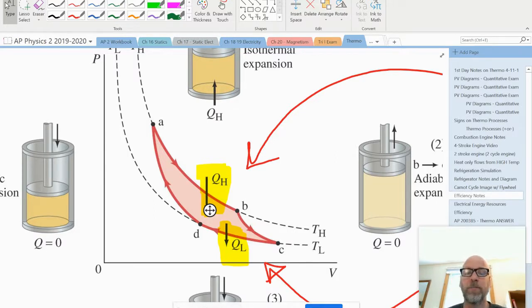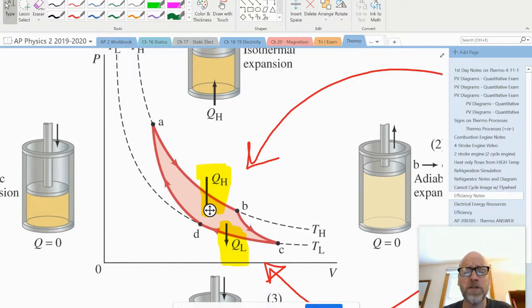Now here's the thing. From A to B, the temperature stayed the same, but somehow the piston expanded. Heat was added to the system during process AB. B to C, no heat was added because it's adiabatic, no heat. From C to D, work was done on the gas by compressing it, but it still stayed the same temperature.